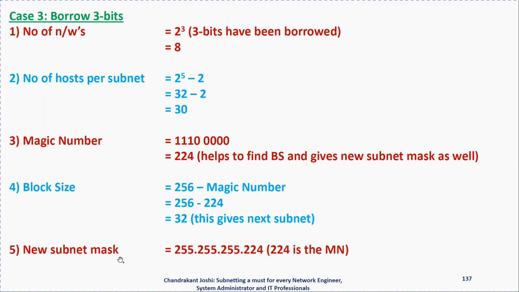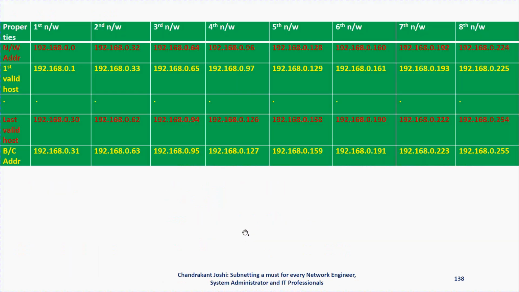And now let us see the new subnet mask. New subnet mask means replace the interesting octet 0 by this magic number. So this will be the new subnet mask of each of these 8 subnets. If this was not subnetted, then it would be 192.168.0.0/24.